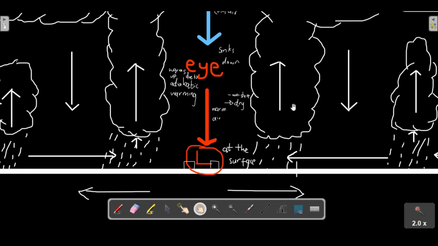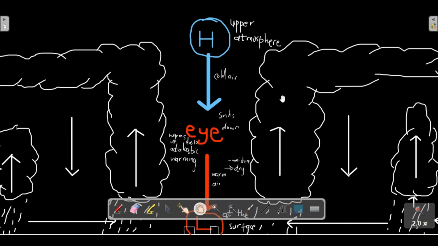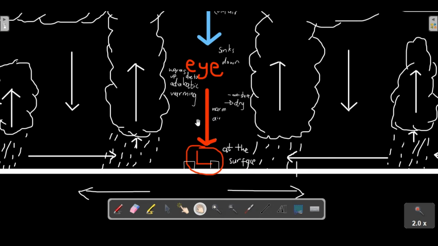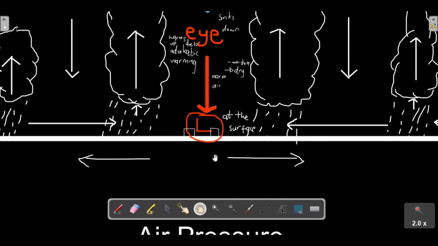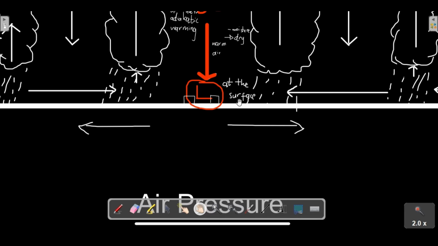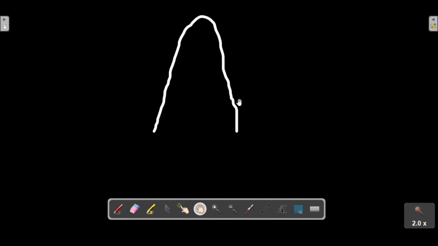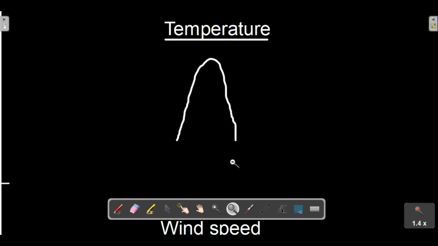Right next to the eye you have the eye walls, which are your thunderstorms, your cumulonimbus clouds. As you can see, you have huge cumulonimbus clouds surrounding the eye. As you move away, now you have cold air, and so the temperature rapidly drops.